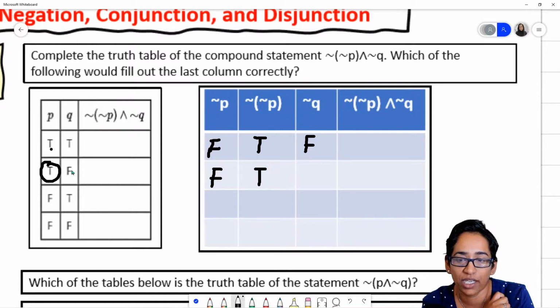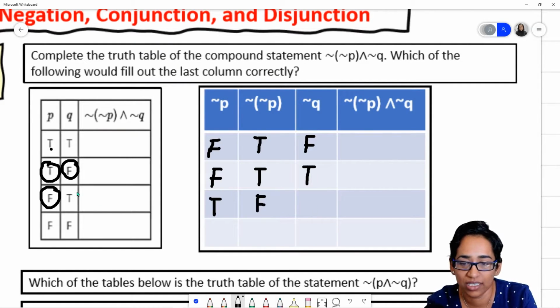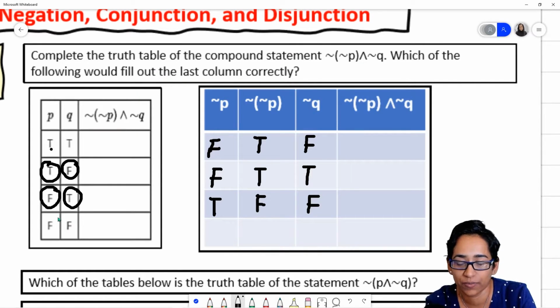Now let's look at Q. Q is false, so not Q is true. False, negation is true. Negation of negation is false. True, negation false. False, negation is true. Negation of negation is false.